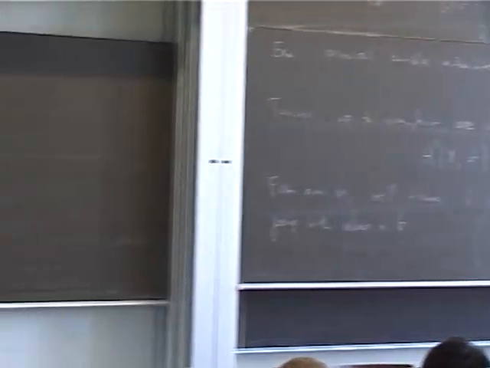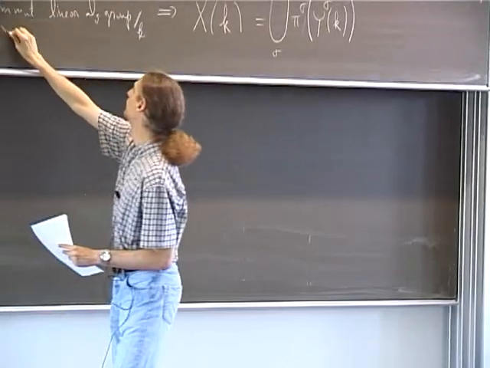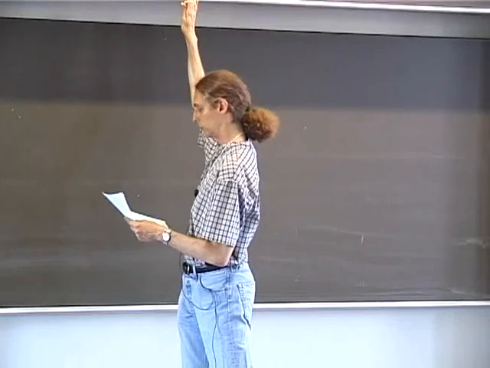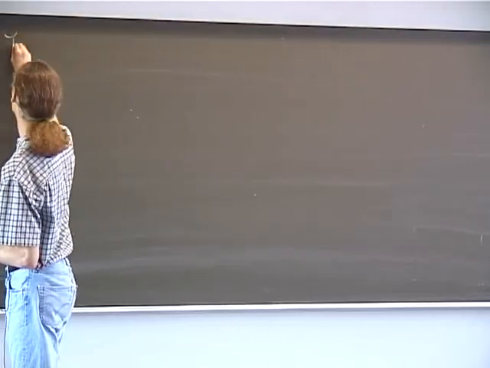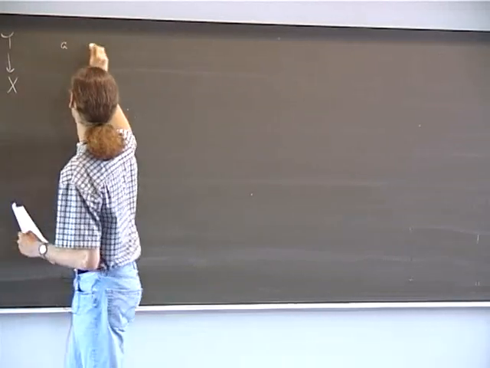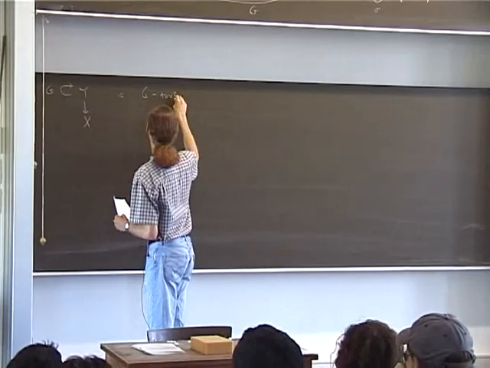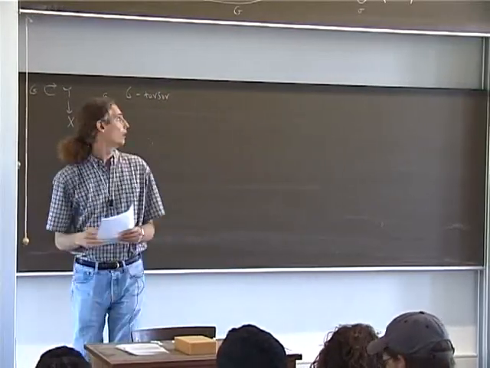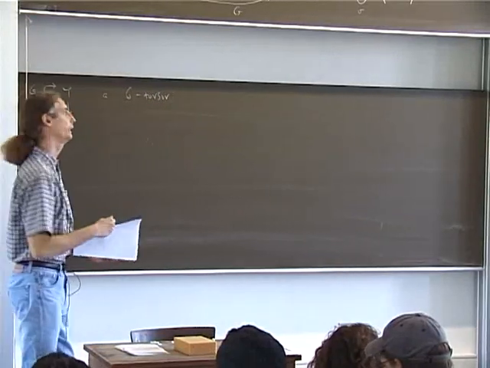Okay, so G is now a commutative linear algebraic group over K, and let's consider a torsor. Now I want to make sense of these twists.